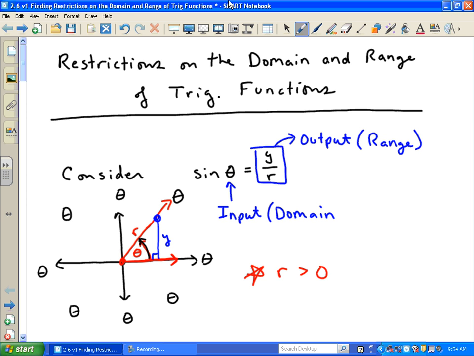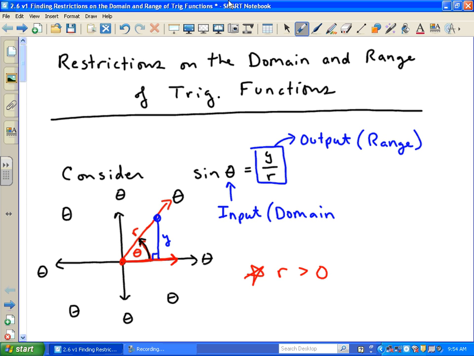To answer this, we think about what y and r could be. Let's say for a second that theta is equal to 0. In other words, the initial side and terminal side would be along the positive x-axis. Well, in that case, what's the value of y? The value of y would be 0. It's a vertical distance. What's the value of r? It could be any value, any value except for 0.